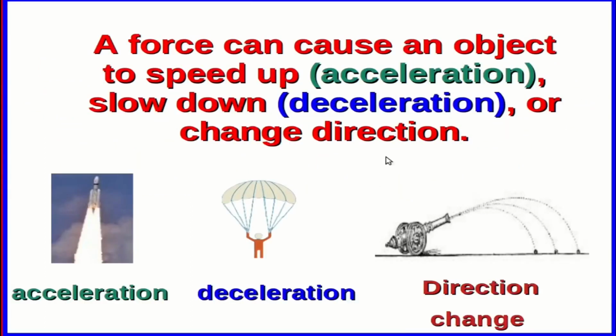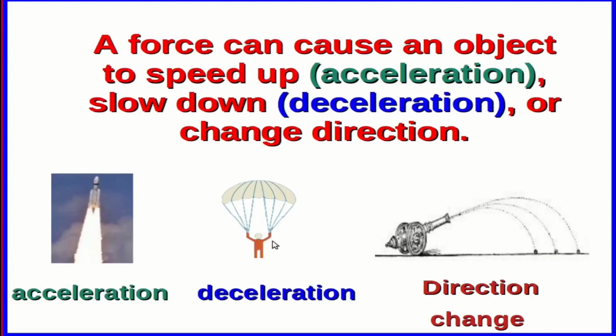A force, in fact, can cause an object to speed up, so this is acceleration, to slow down, that is deceleration, or change direction. So for example, a rocket being fired from the Earth station is accelerating up and speeding up.